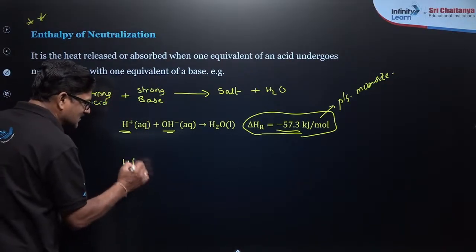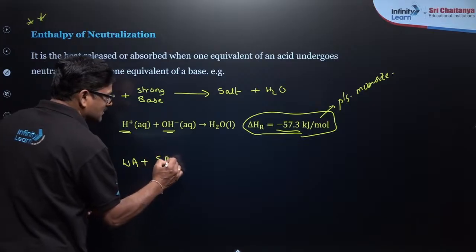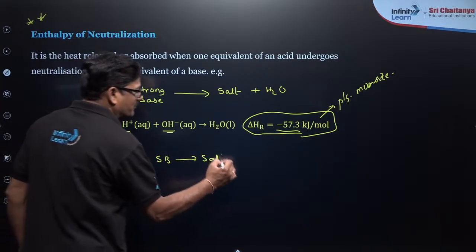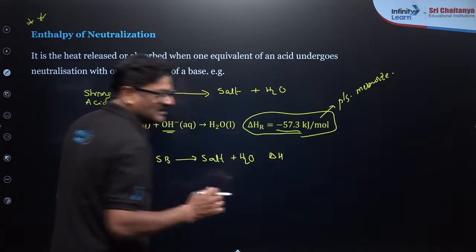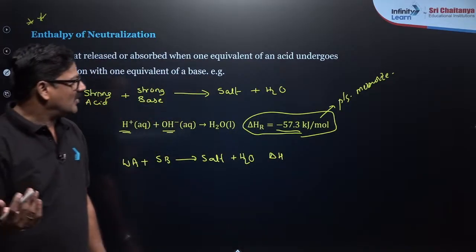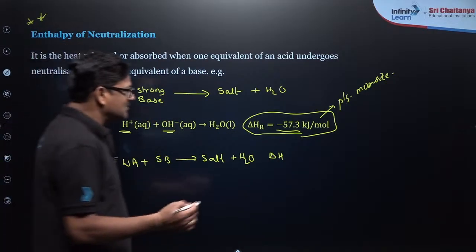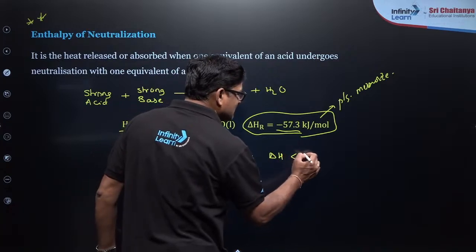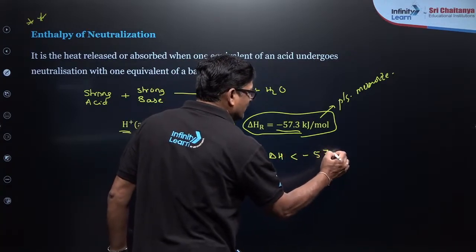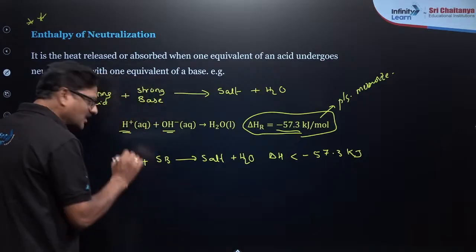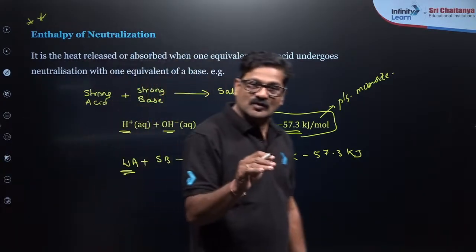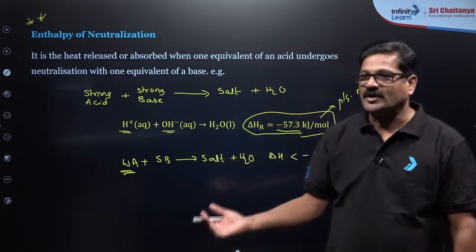A weak acid and a strong base give rise to salt and H2O, and delta H is going to be less than minus 57.3 kilojoules. Why so? The weak acid needs some energy input to ionize.